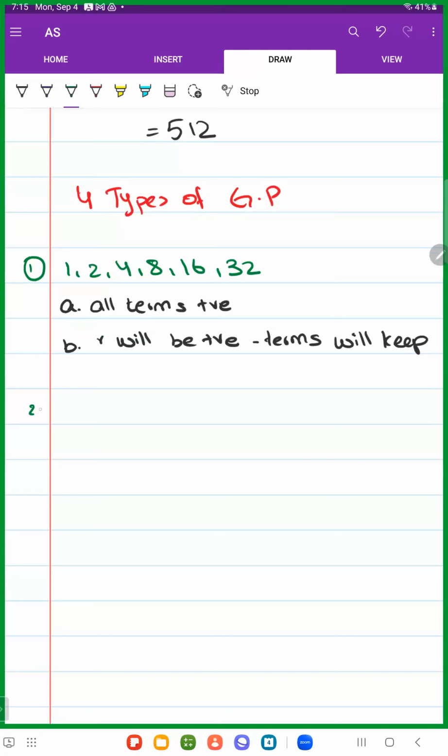The second type of series is 1, -3, 9, -27, and 81. Over here, my A is positive and R is negative.